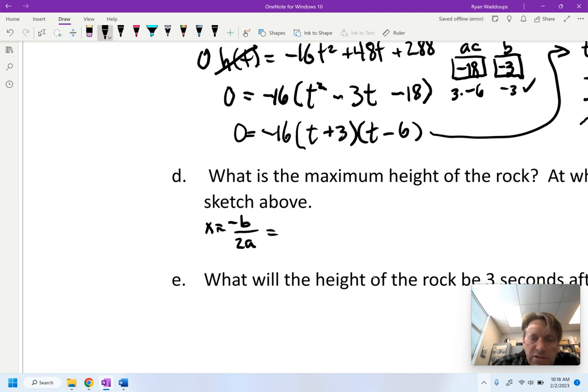B is 48, so that's the negative of 48 over 2 times negative 16. And then we can write negative 48 divided by 2 times negative 16, which is negative 32. And that gives us 1.5. Once again, that's seconds.